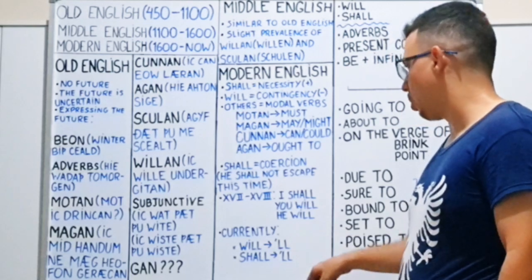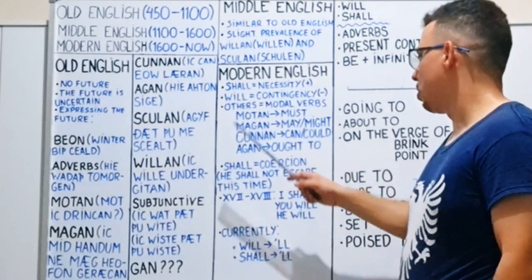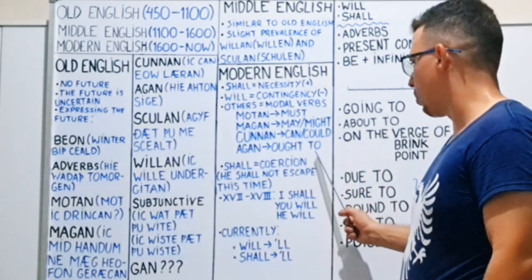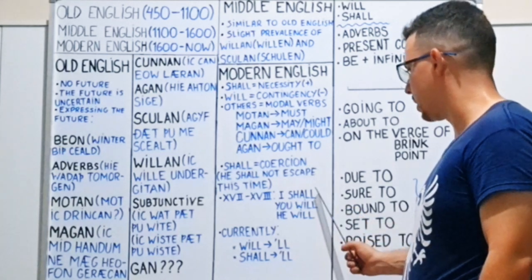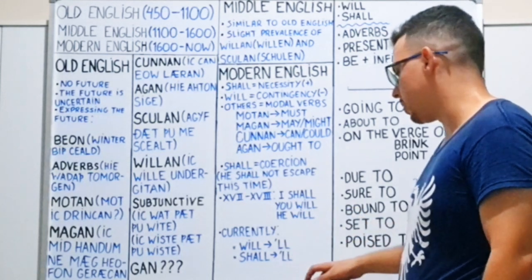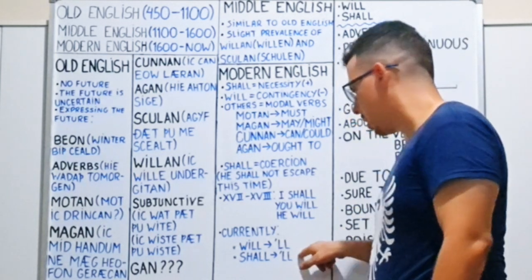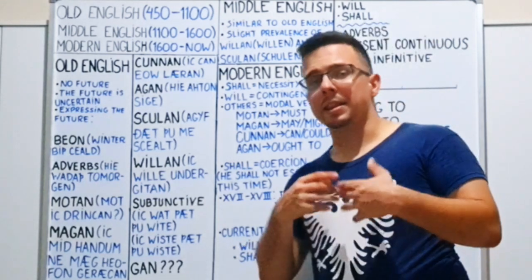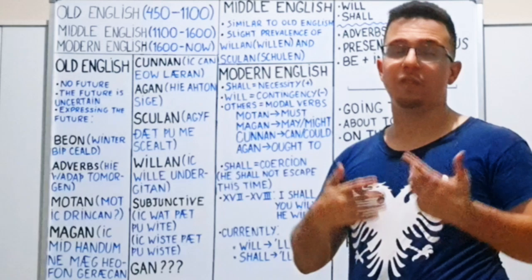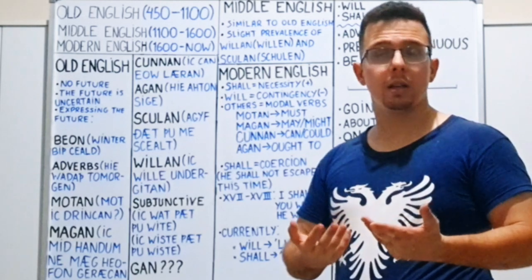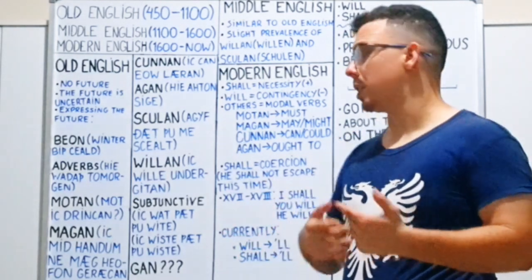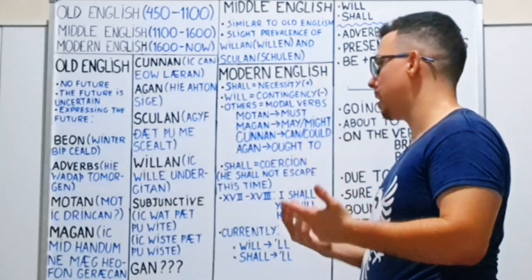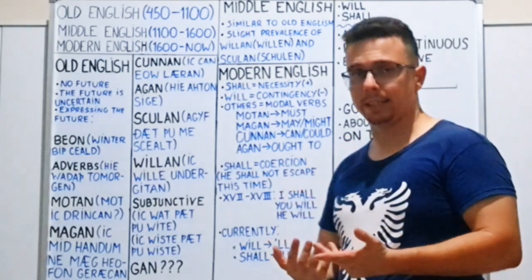So as we saw, shall was becoming weaker because of this, and now we don't even know what people are talking about. Are they using will? Are they using shall? And that's how we come finally to the death of shall. And that's how we come to the death of circumstantiality.